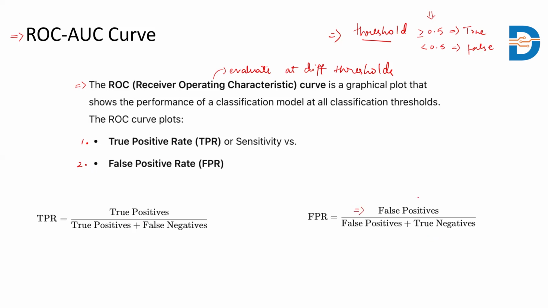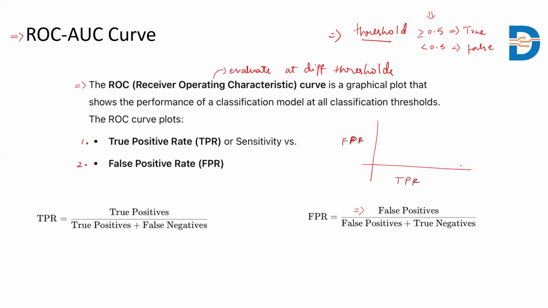That is, we are trying to evaluate how many false positives there are among the cluster of false positives and true negatives. By considering true positive rate and false positive rate, your ROC is going to plot a curve. A graph will be plotted like this by considering the two values, true positive rate and false positive rate.